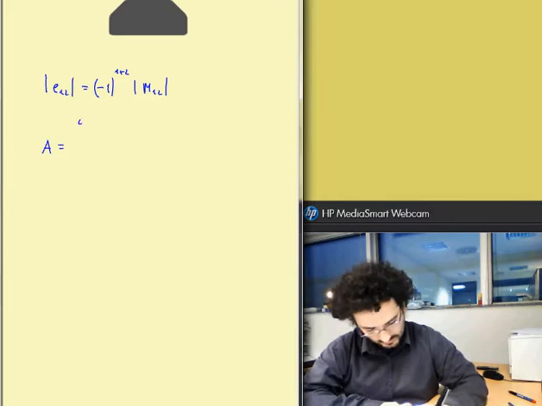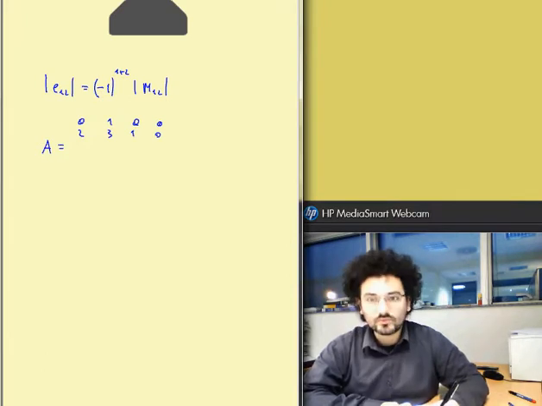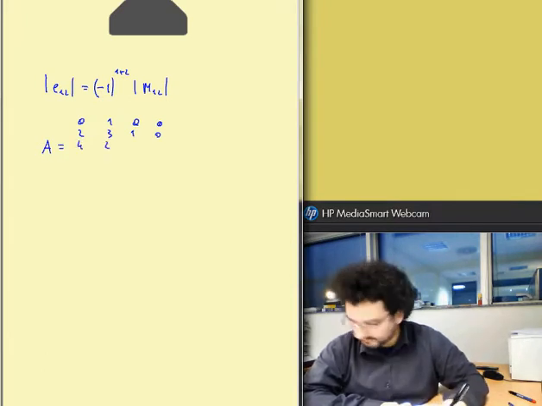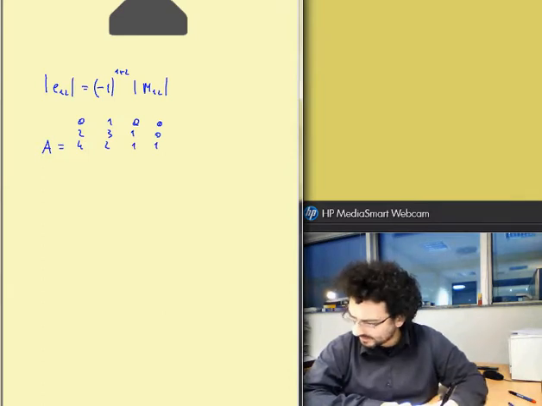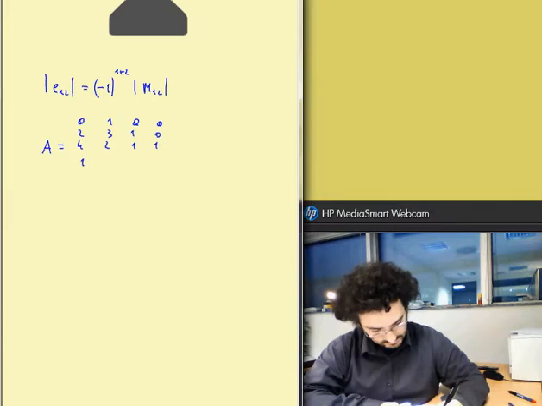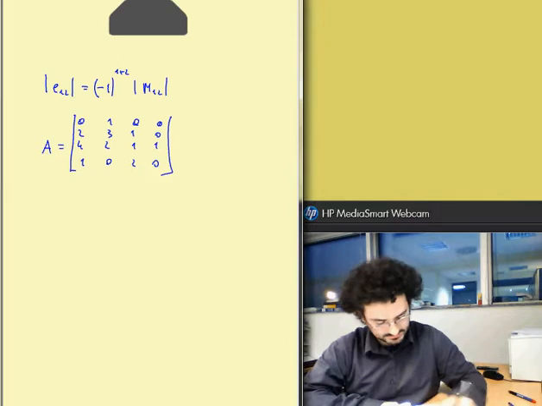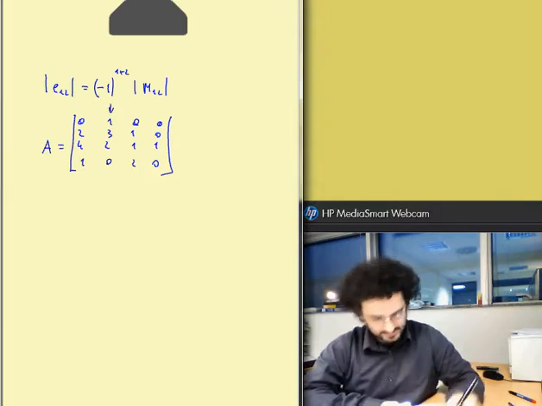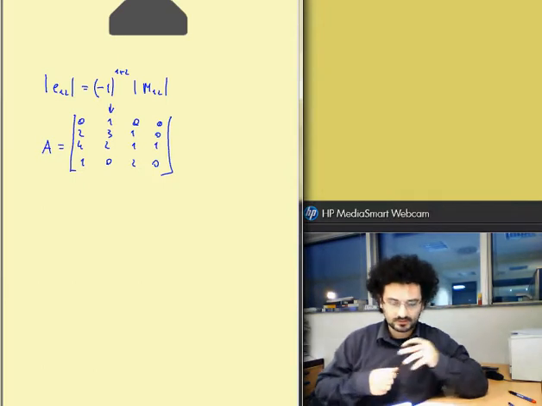as 0, 1, 0, 0, 2, 3, 1, 0, 4, 2, 1, 1, 1, 0, 2, 0, which is our original matrix. We are considering the element A12, so this element.